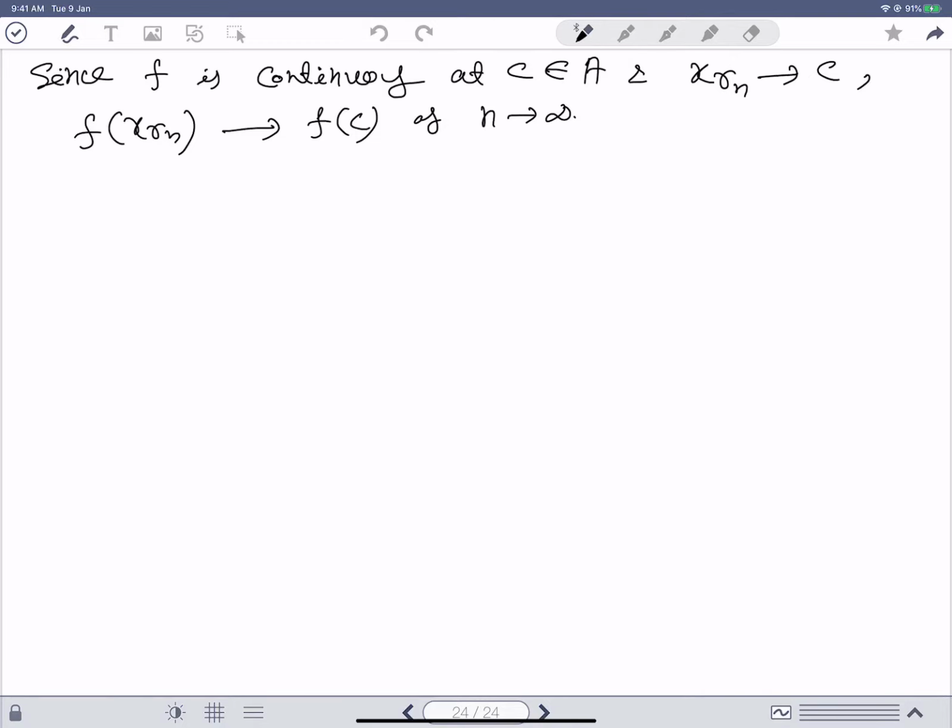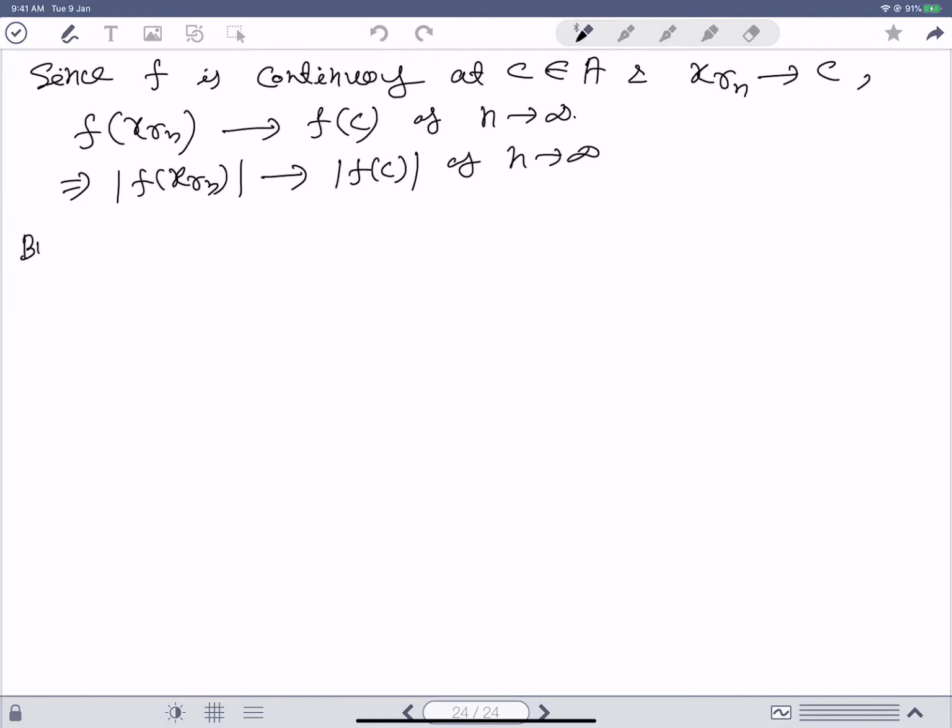Now this implies mod of f of x_rn converges to mod of f of c, right? And that mod of f(c) is a positive real number, right?